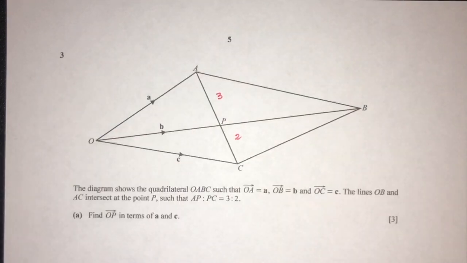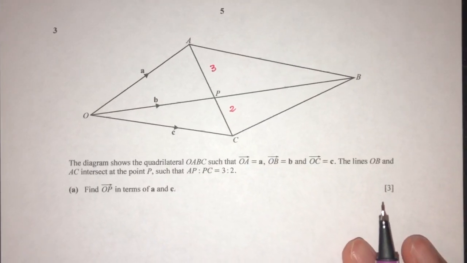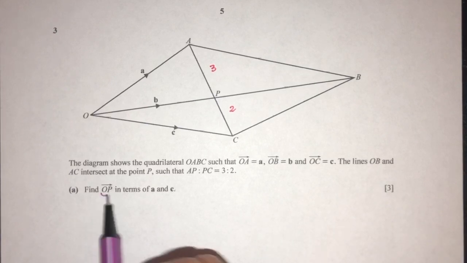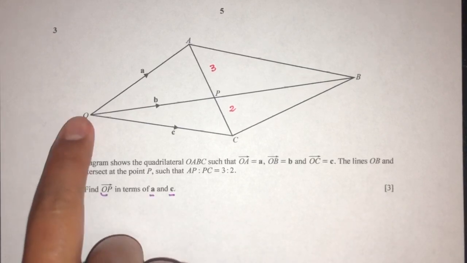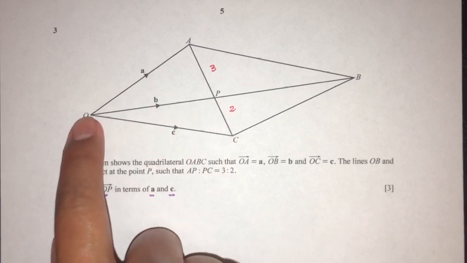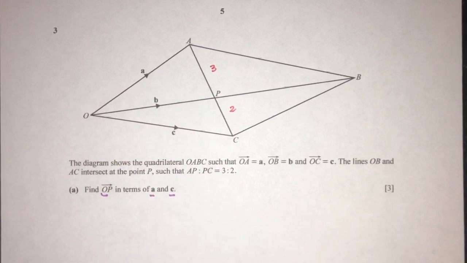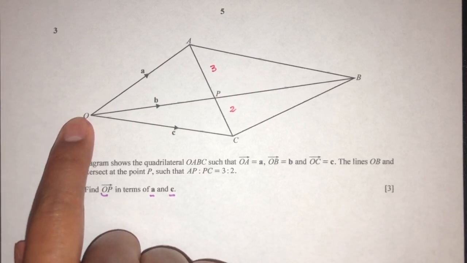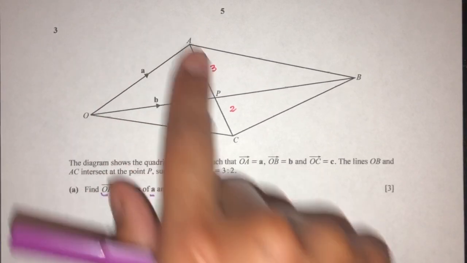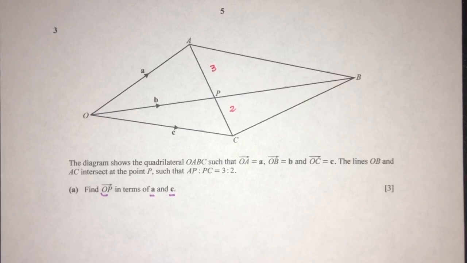If that makes sense. Now part 1, we have to find OP in terms of A and C. So where's OP? From O going to P, that will be what? Step by step, we can first think about how we just first find AC. For example, let's first find AC.